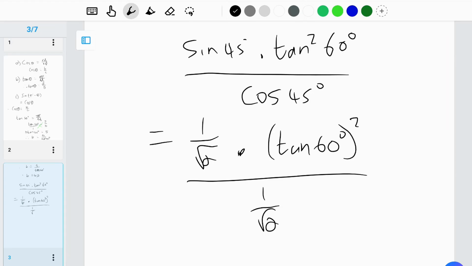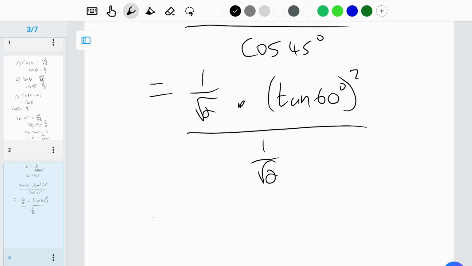If you don't know this, guys, you can draw your special angle, your 45, 45, 90. It's 45 there and 45 there, and it's 1, 1, root 2. Sine would be opposite over hypotenuse, so 1 over root 2, and cos of 45 would be 1 over root 2. So both will give you 1 over root 2.